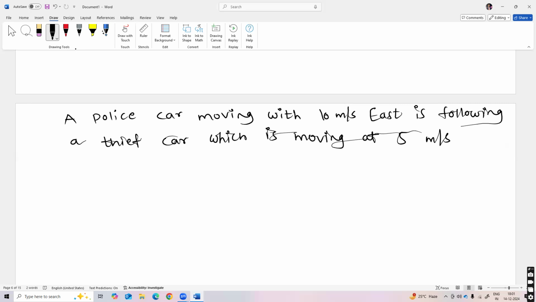If the distance between them is 50 meters, after how much time will the police catch the thief?